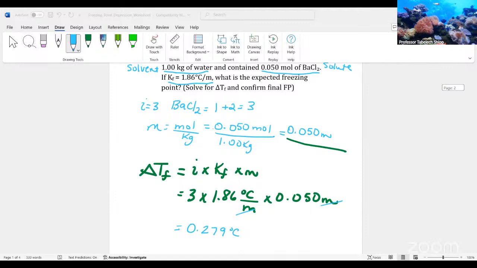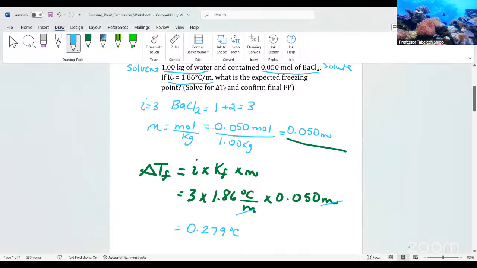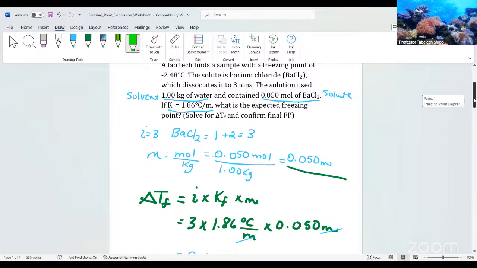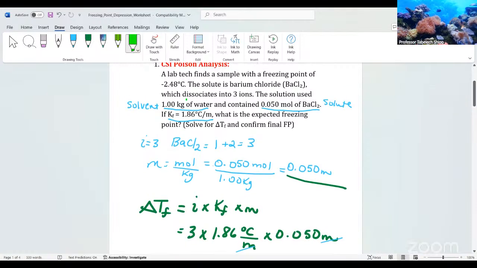Now, I want you guys to be mindful of one thing that we need to be aware of, and that is the significant digits and the final answer in terms of being negative. You remember how up here they gave us the freezing point of negative 2.48?